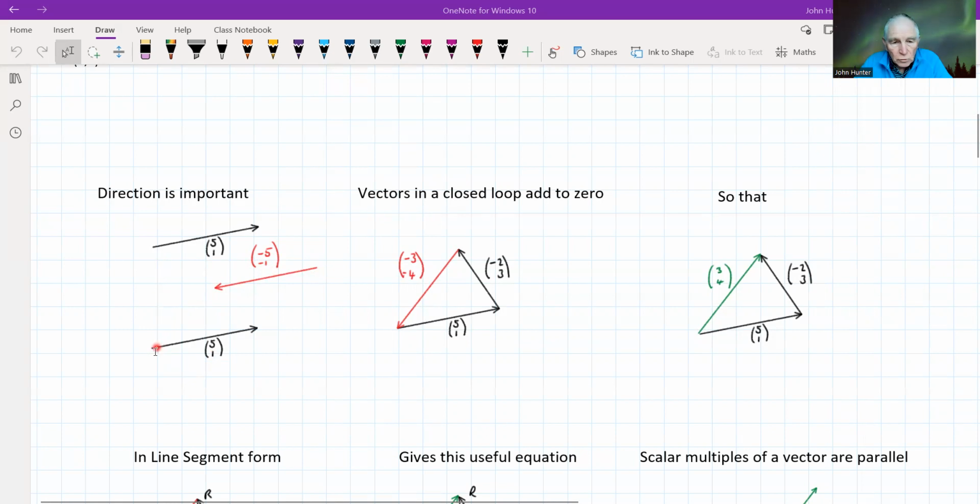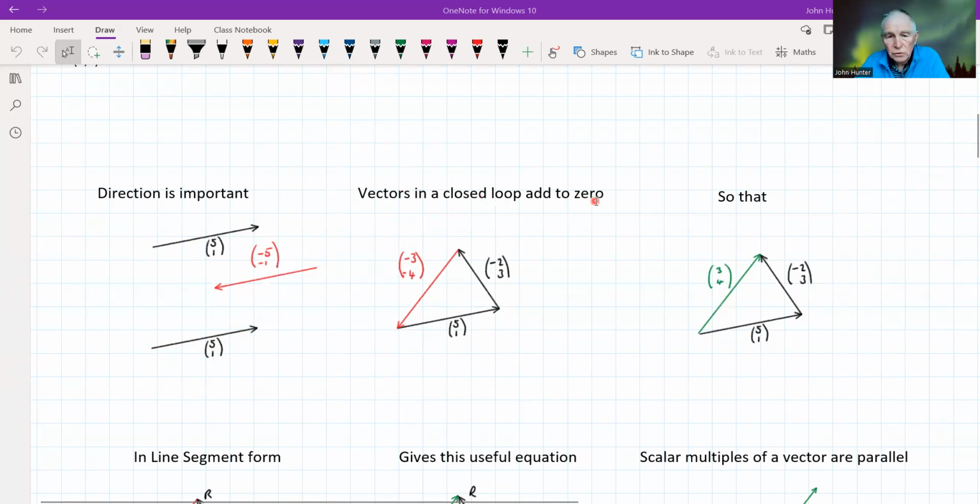And as I say, this would have the same value because it's the same length and the same direction. So if we think, for instance, about a parallelogram, corresponding parallel sides would have the same vector value. Okay.